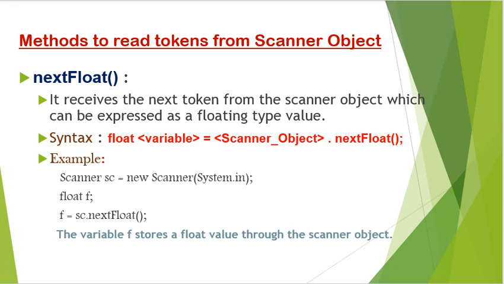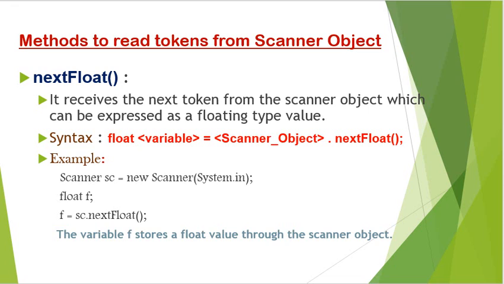Suppose in one program we are accepting different values; we do not have to create the scanner object multiple times. Once we create the scanner object, it is enough for that program. But in every program where we need to accept different values from the user, we must create the scanner object, otherwise we cannot accept the value.